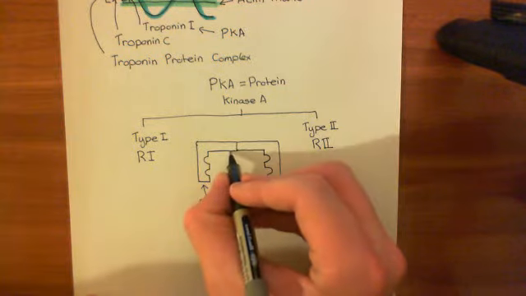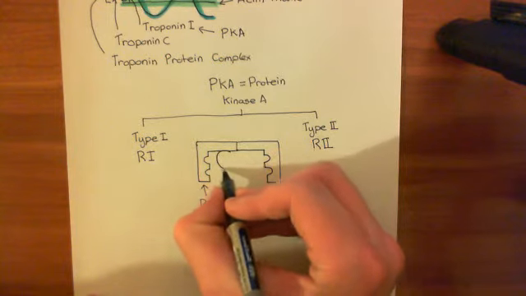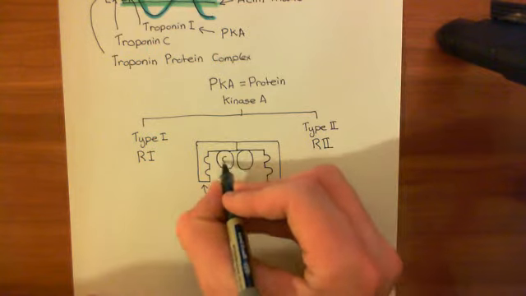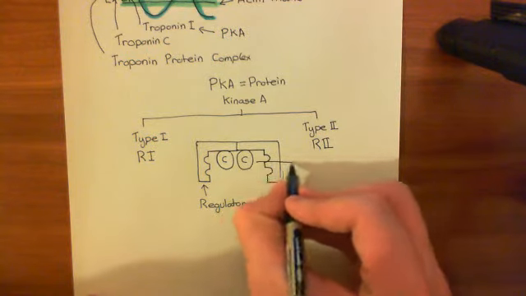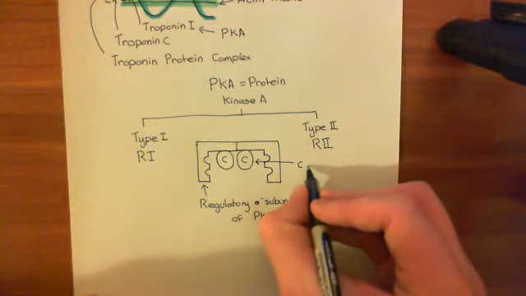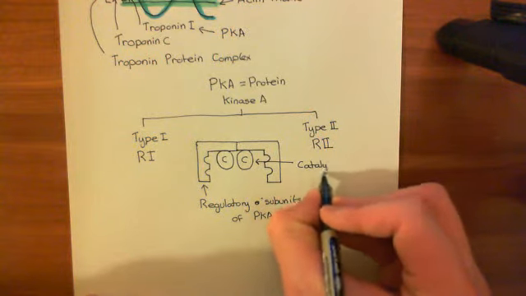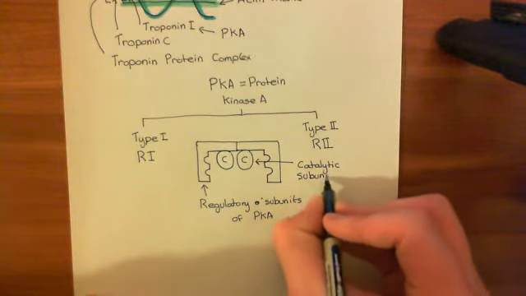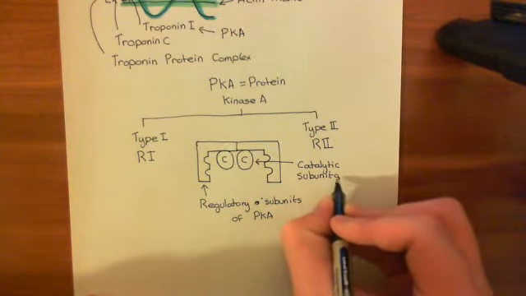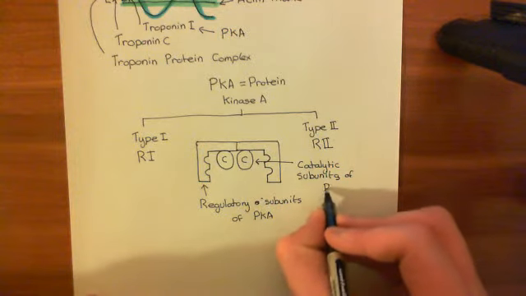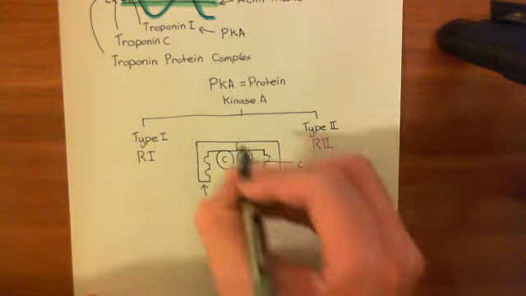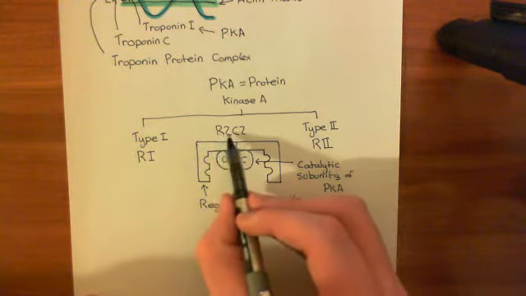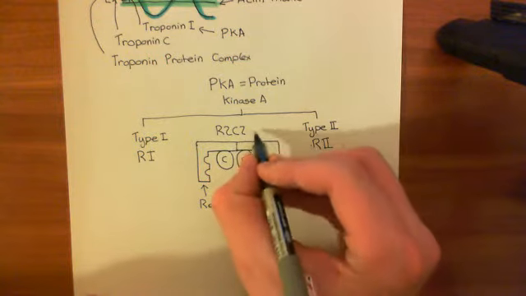Okay, now, these regulatory subunits don't just assemble with each other, they also assemble with 2 other proteins, which are the catalytic subunits of protein kinase A. So, you form this complex basically consisting of 2 regulatory subunits of protein kinase A and then 2 catalytic subunits of protein kinase A. And this is what's known as the R2C2 complex, because you've got 2 regulatory subunits and 2 catalytic subunits.